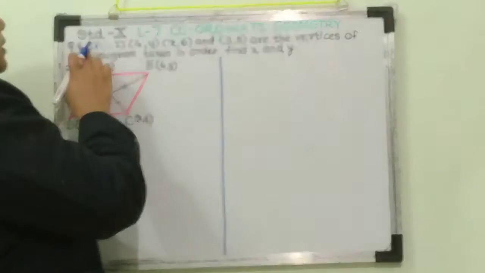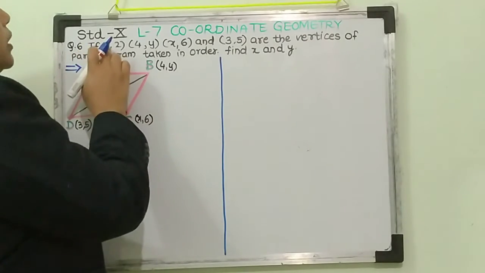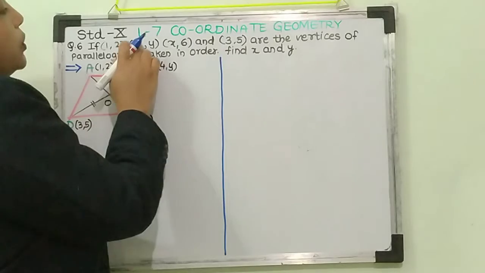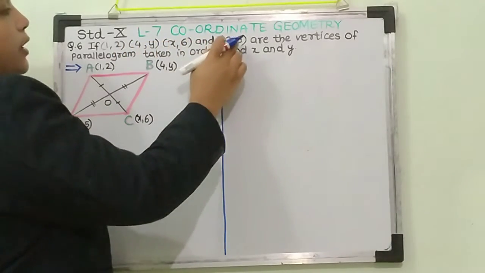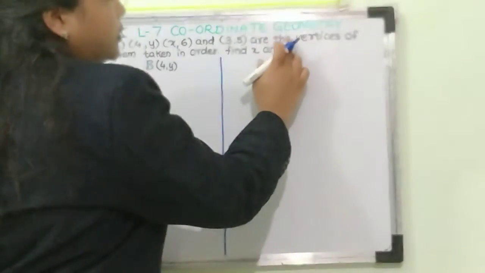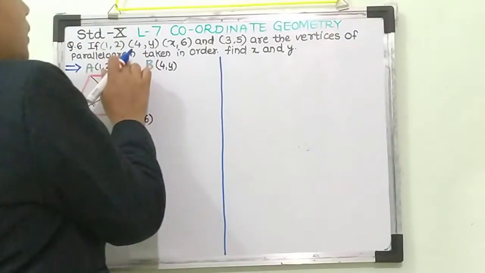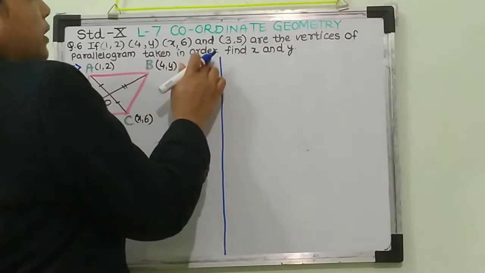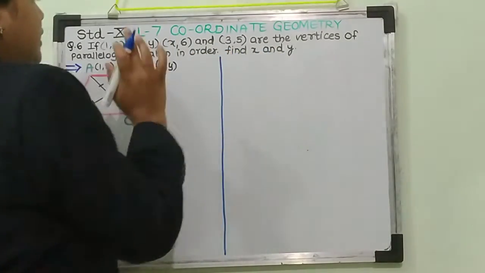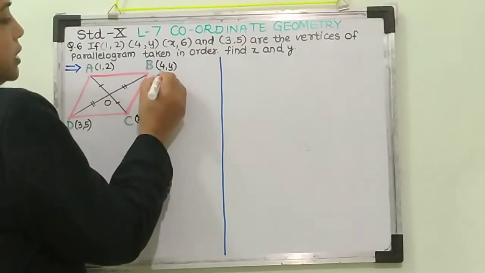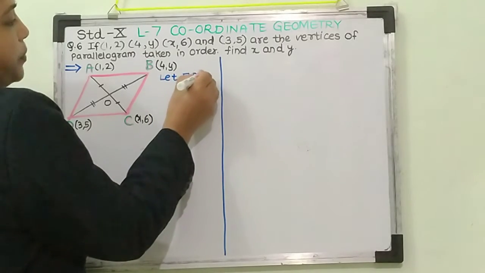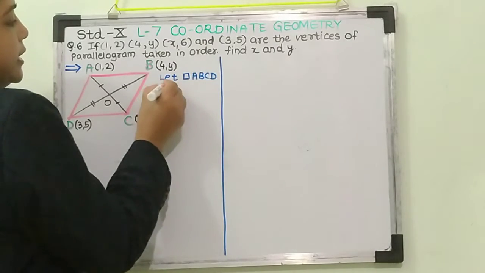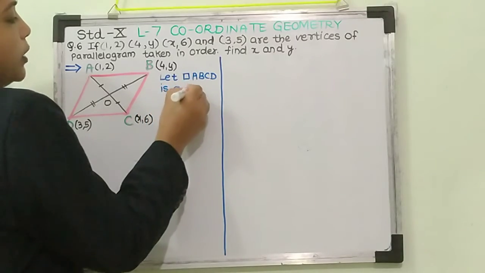Question number 6, that is: if (1, 2), (4, y), (x, 6) and (3, 5) are the vertices of a parallelogram taken in order, then find x and y. So here first we are going to take, let quadrilateral ABCD be a parallelogram.